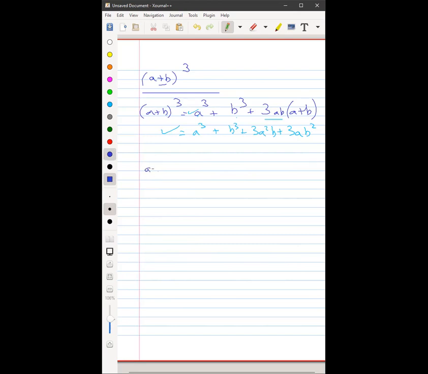Similarly, we have (a minus b) the whole thing cubed, which will be a cube minus b cube. Remember this now, because of the cube, the three minuses make a minus itself: minus 3ab into (a minus b). We remember all of them are minus. It's a very easy way to remember.